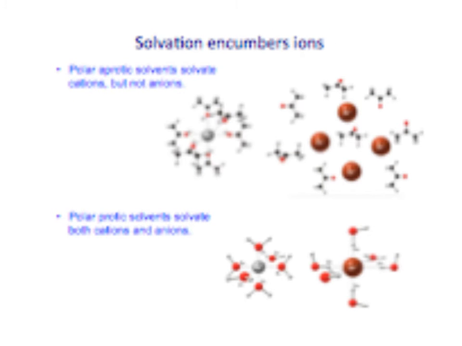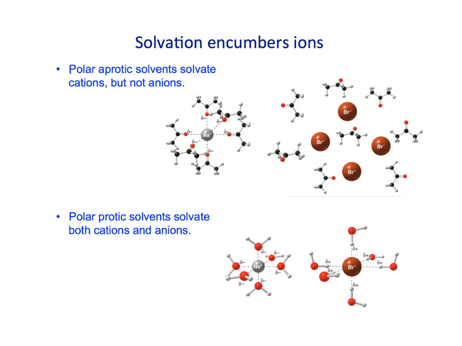How can solvent affect nucleophilicity? Well, solvents can be attracted to and encumber or surround different ions. So, for example, the polar aprotic solvents, in these drawings they're using acetone.